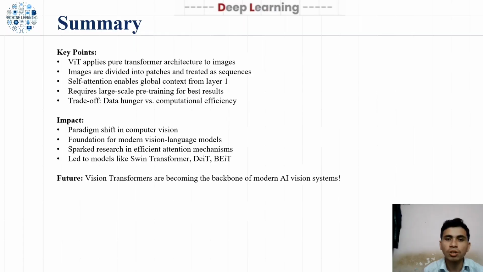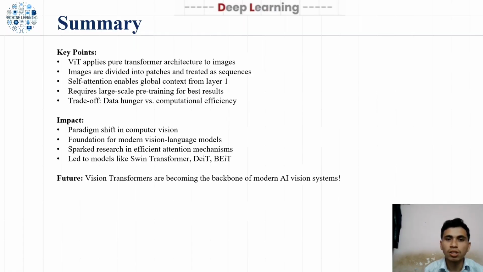Second, the core innovation is dividing the image into patches and treating them as a sequence, similar to how words are treated in natural language processing. Third, the self-attention mechanism enables global context understanding from the very first layer, unlike the CNN, which builds receptive fields gradually. Fourth, and crucially, ViT requires large-scale pre-training for the best results.